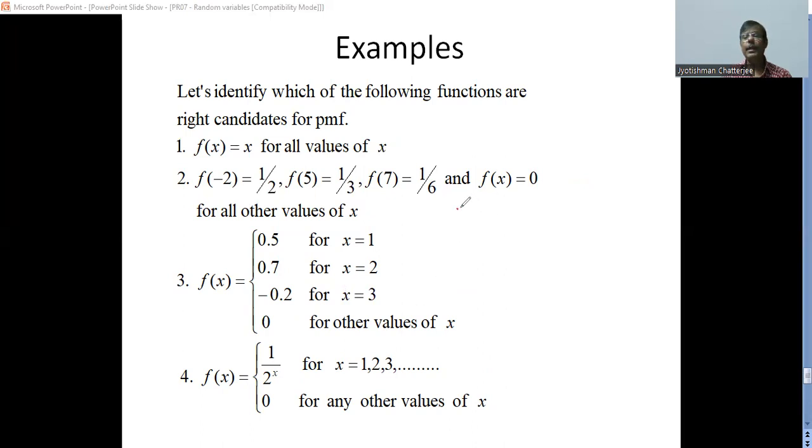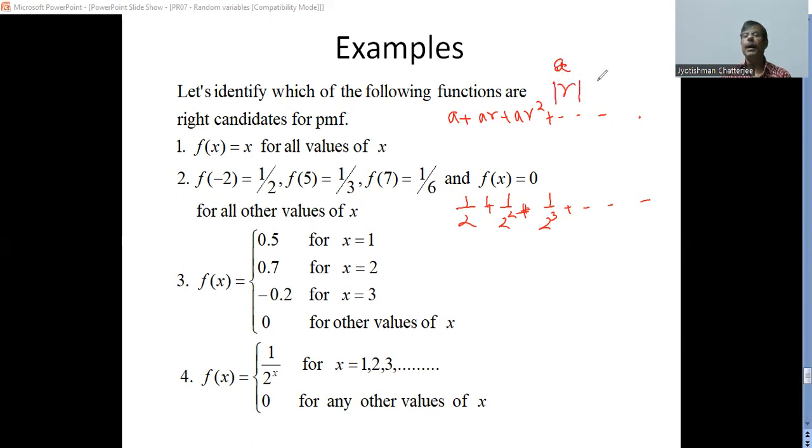We'll have to add up all these numbers. Now, this is a GP series. In a GP series like this, a is the first term and r is the common ratio.